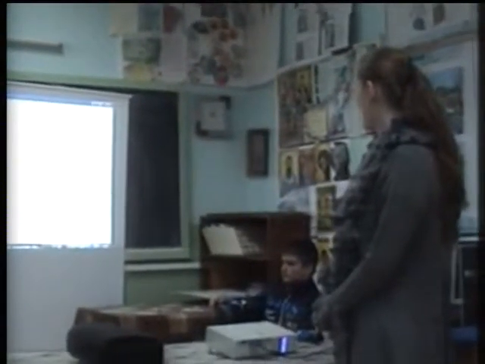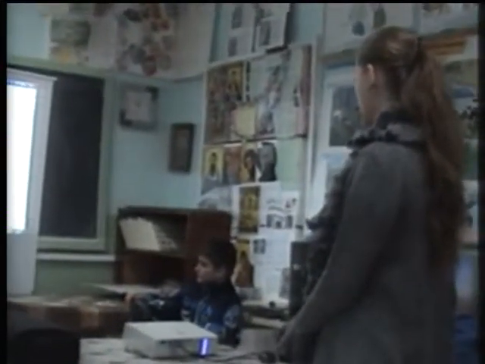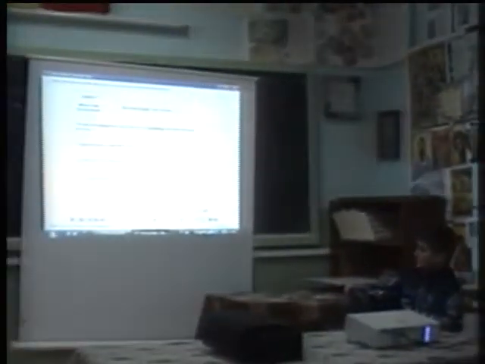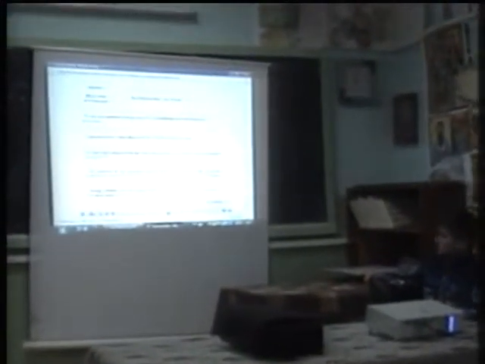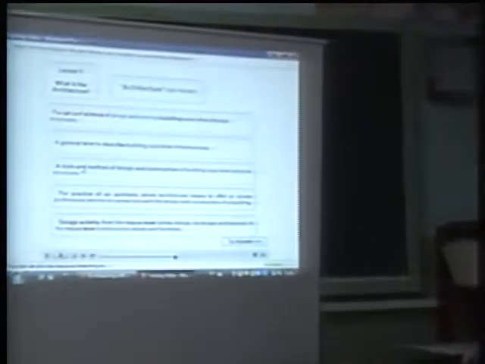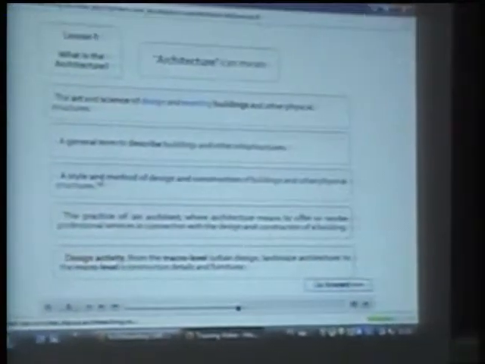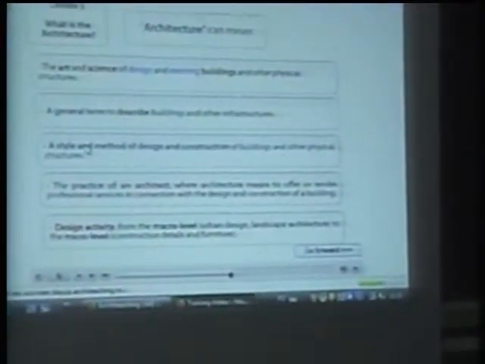The practice of an architect, where architecture means to offer or render professional services in connection with the design and construction of a building. Design activity from the macro level, urban design, landscape architecture, to the micro level, construction details and furniture. The term architecture has been adopted to describe the activity of designing any kind of system.